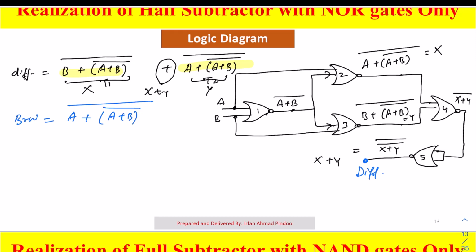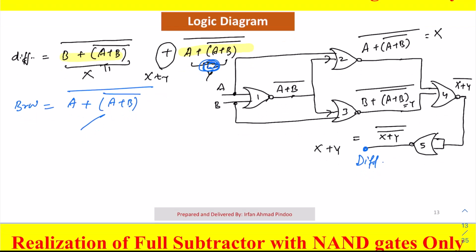And what about the borrow? Term 2, which we called y, is nothing but the borrow also. Where do we have this term available? It is at gate number 2, already available. So we can simply say that this is the borrow also.